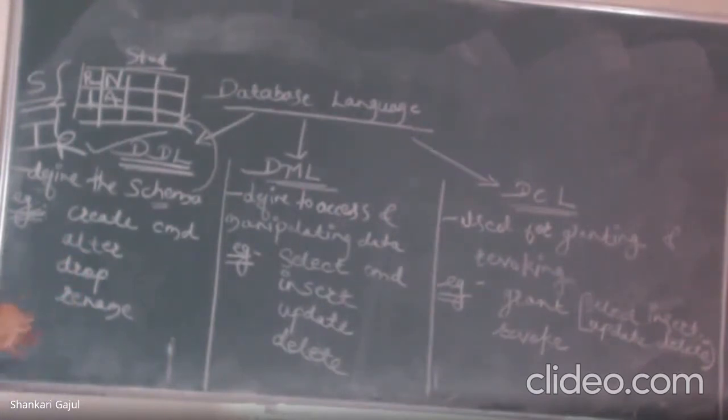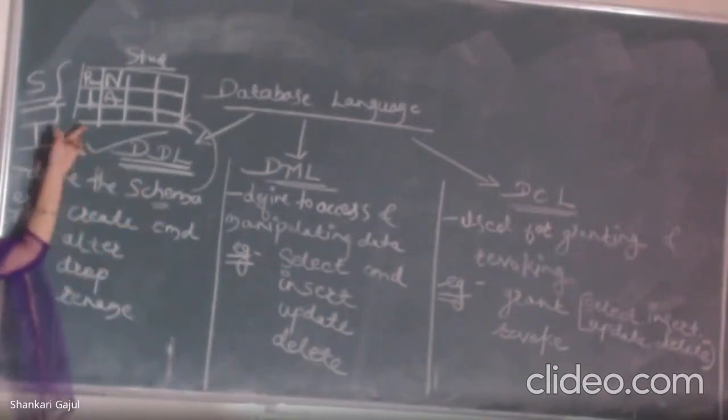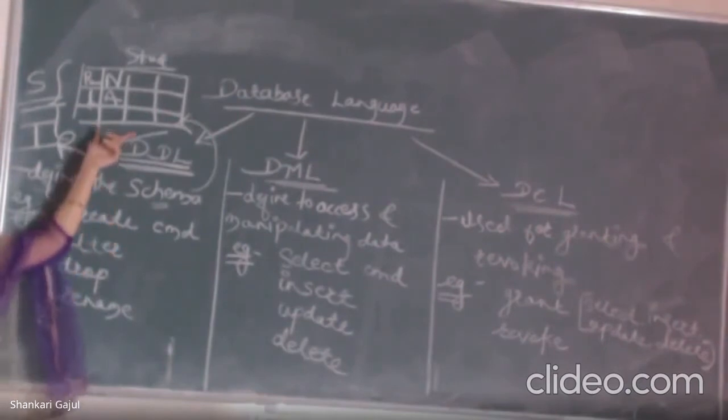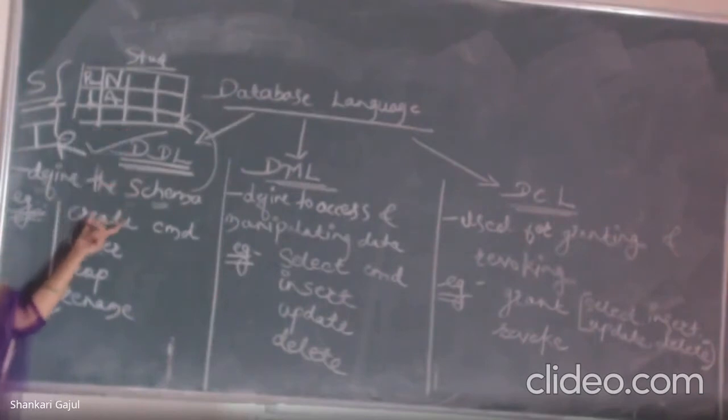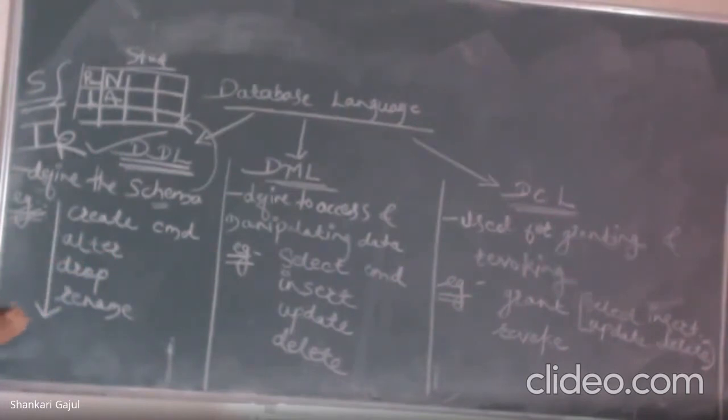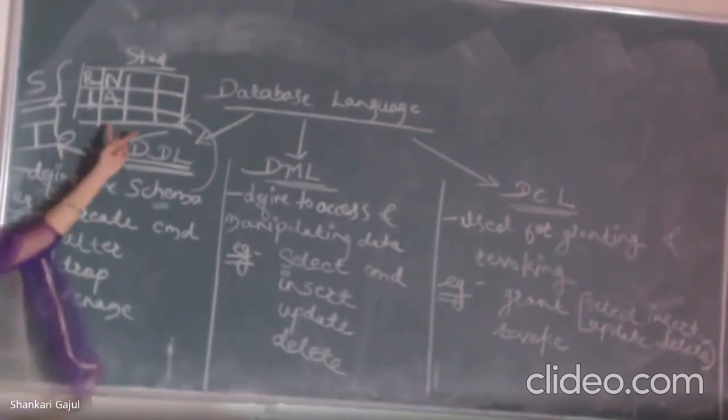For creating a particular schema or relation, we require these types of commands. What is the first command? It is to create the schema, to create the table. For creating or defining the table, we require the create command. How will we use that create command? Suppose I want to create the student table.